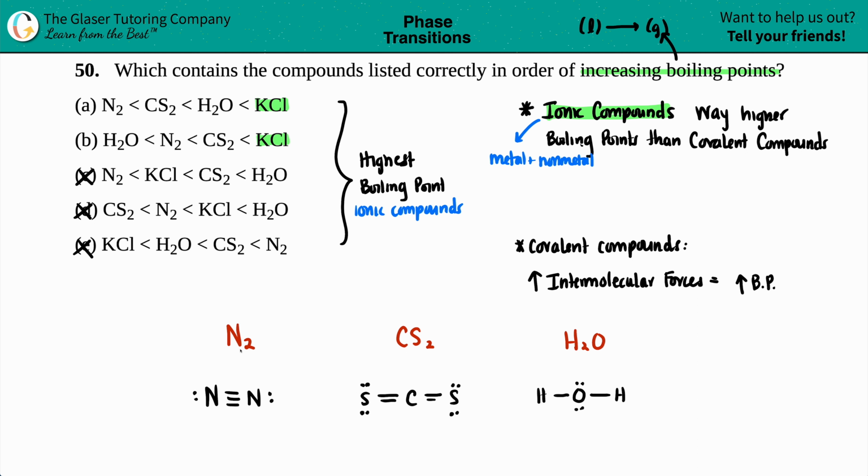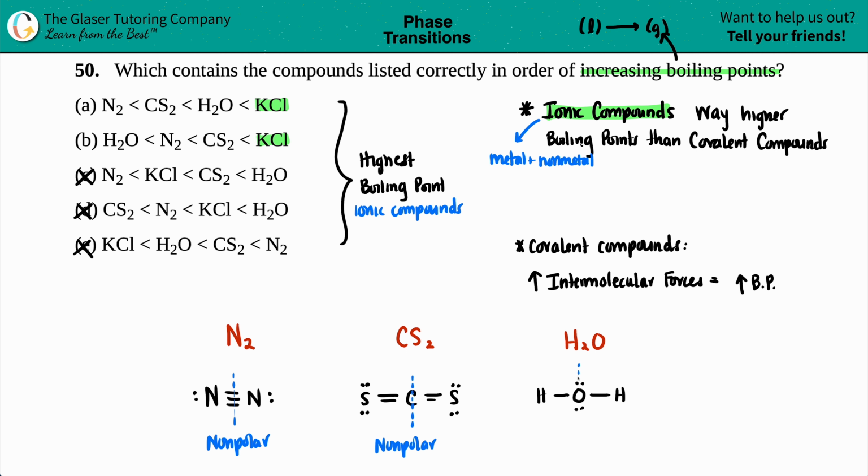Now, clearly, for N2, if I split this down the middle, I have 2 nitrogens. They're identical to each other, so that's nonpolar. Keep in mind that nonpolar is symmetrical, and the polar ones are asymmetrical. Same thing with CS2. I have a double bond to the S, a double bond to the S. There are no lone pairs in the middle, so this would also be nonpolar.